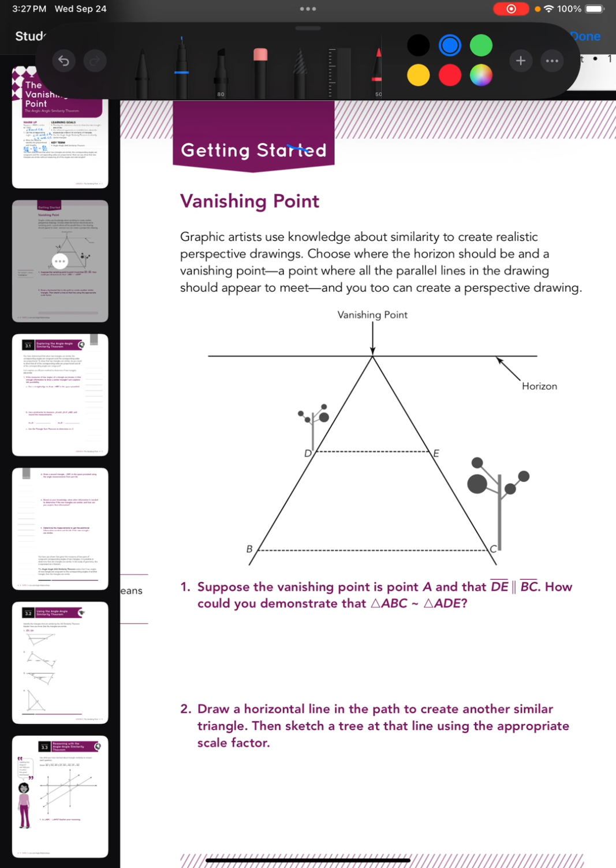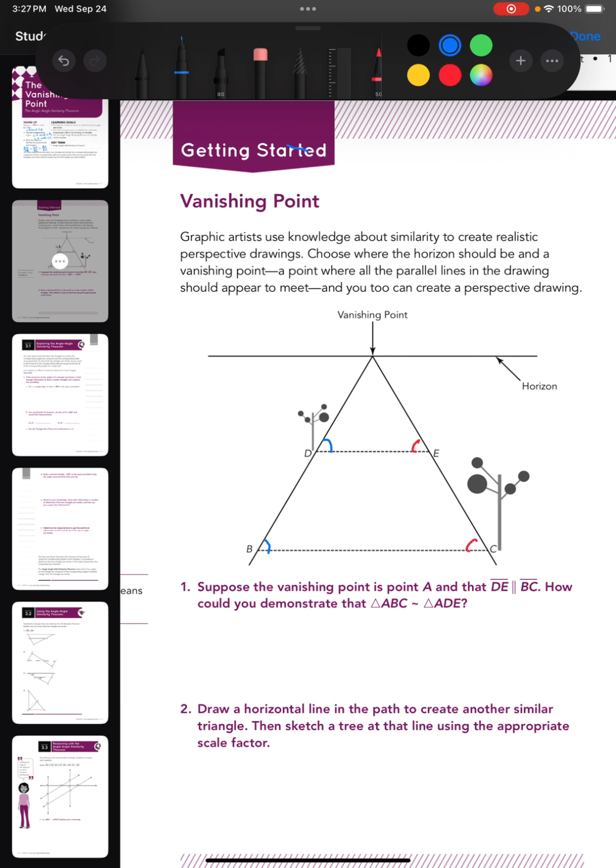So in this case, as it says in number 1, suppose the vanishing point A and that side DE is parallel to side BC. How can you demonstrate that triangle ABC and ADE are similar? Well, because these corresponding angles have to be congruent to each other.